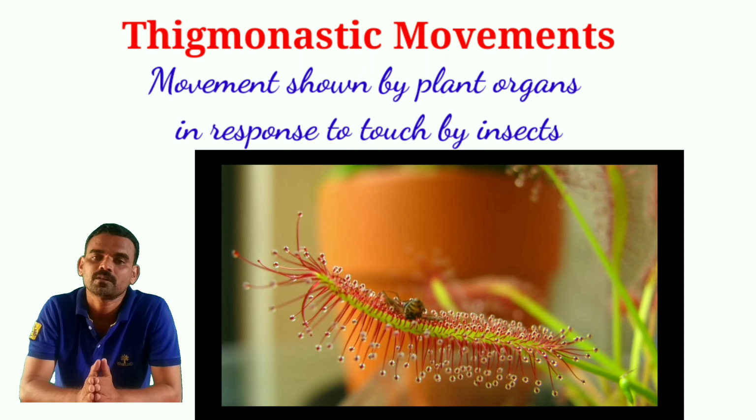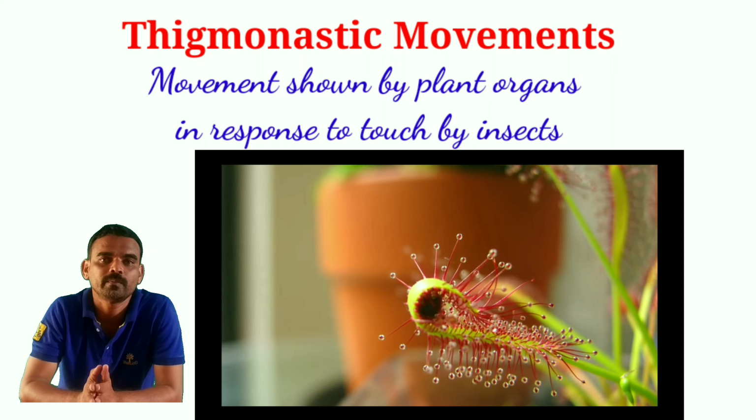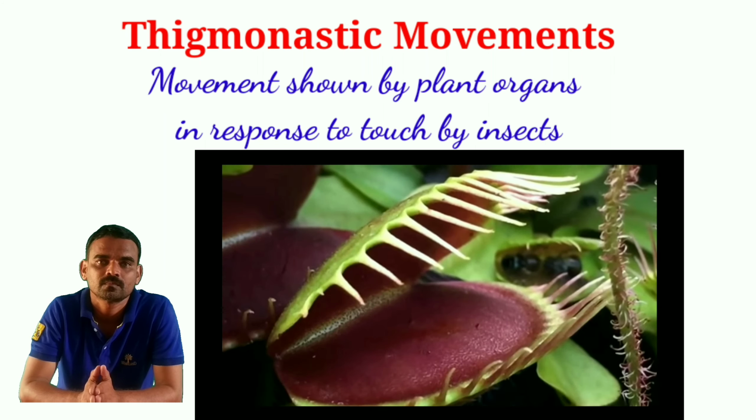Such type of movement is generally found in insectivorous plants like sundew plant or Venus flytrap plant, where the insect's touch stimulates tendrils to secrete different types of hydrolytic enzymes or to close the tendrils to capture that particular insect.